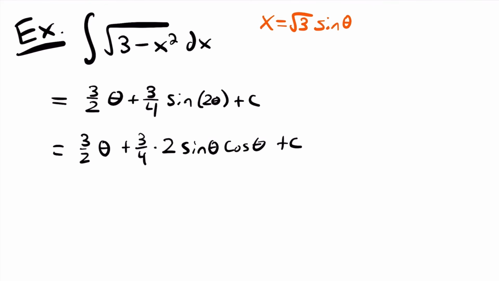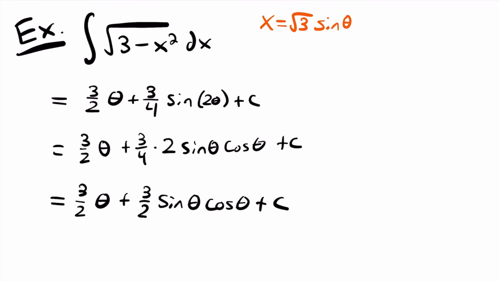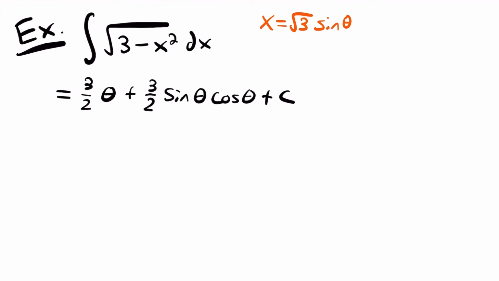And so if we simplify a little bit again, 3/4 times 2 will be 3/2, and so this is equal to 3/2 times theta plus 3/2 times sine theta times cosine theta plus c. Okay, and so I'll clean up my work again, and then we will work on rewriting our answer in terms of x by using a triangle. All right, now before we draw our triangle, let's figure out what theta is equal to by solving for theta in this equation.